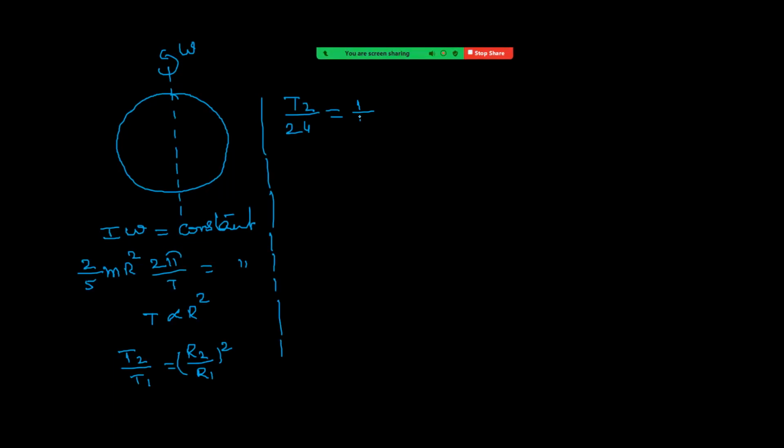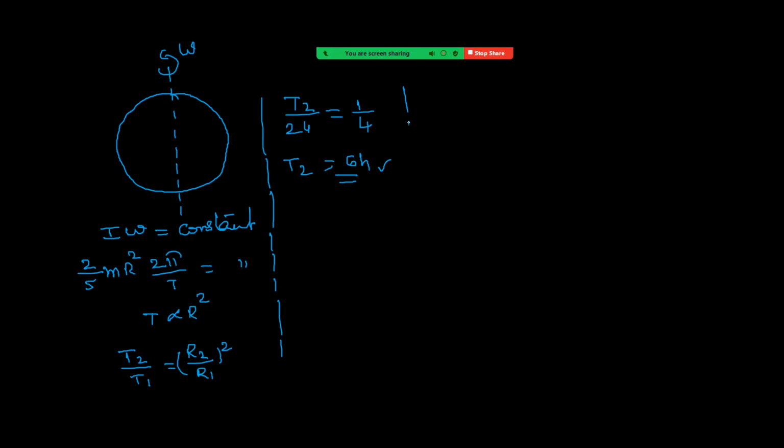It is 1 by 4. Cross check once, okay? R1 by 2, R1 gets cancelled, 1 by 2 square, 1 by 4. That implies T2 value how much? 24 by 4, 6 hours. That means Earth completes one rotation in 6 hours.